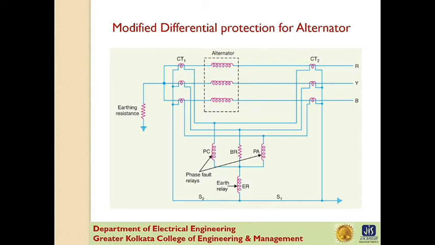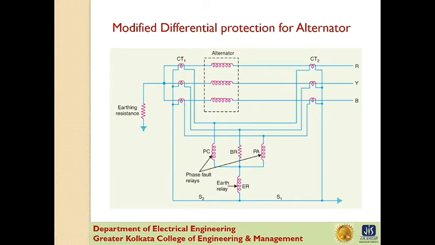Now, under normal operating condition, the currents at the two ends of each stator winding are the same. Therefore, there is a balanced circulating current in the phase pilot wire and no current flows through the operating coils PC and PA. Consequently, the relay remains inoperative.